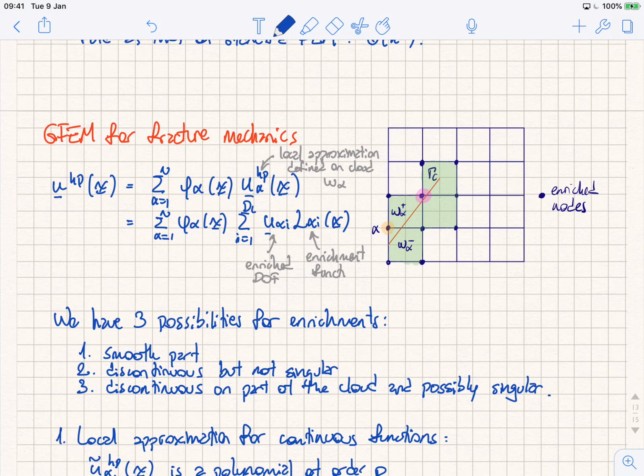What is happening? Who can tell me? So in other words, the element that contains the crack tip is going to be increasingly smaller and smaller.